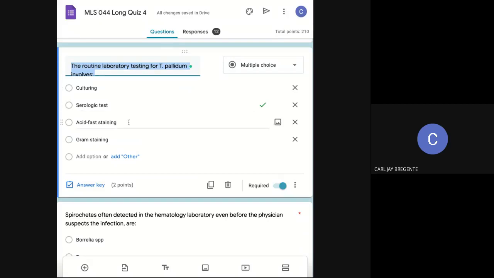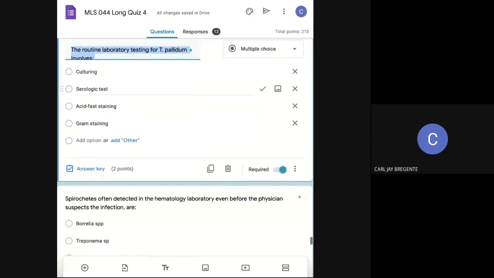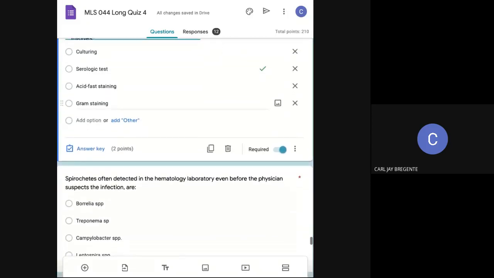Then acid-fast staining also is not a choice. Gram staining is definitely not a choice because Treponema pallidum cannot be seen that way, right? It requires special staining. So that is why serologic testing is definitely the routine laboratory test for Treponema pallidum.